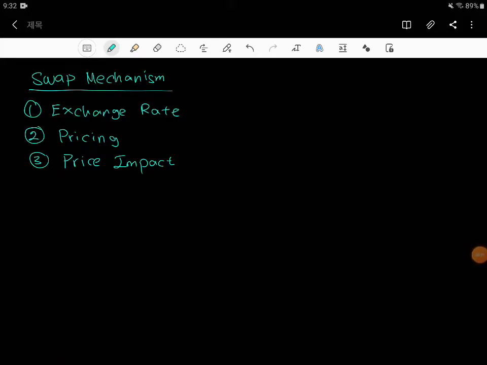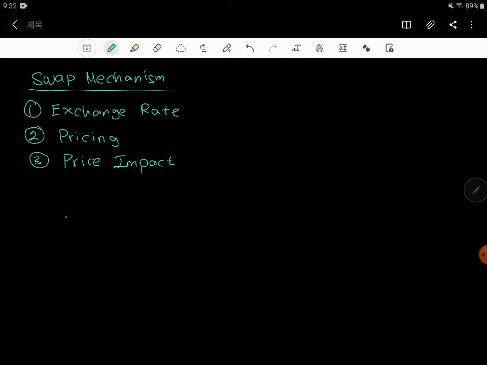So this video is about swap mechanism. Three things that I'm going to talk about are exchange rate, pricing, price impact. So first, the exchange rate. In order to talk about the exchange rate, we need to know that swap system works in the constant function.